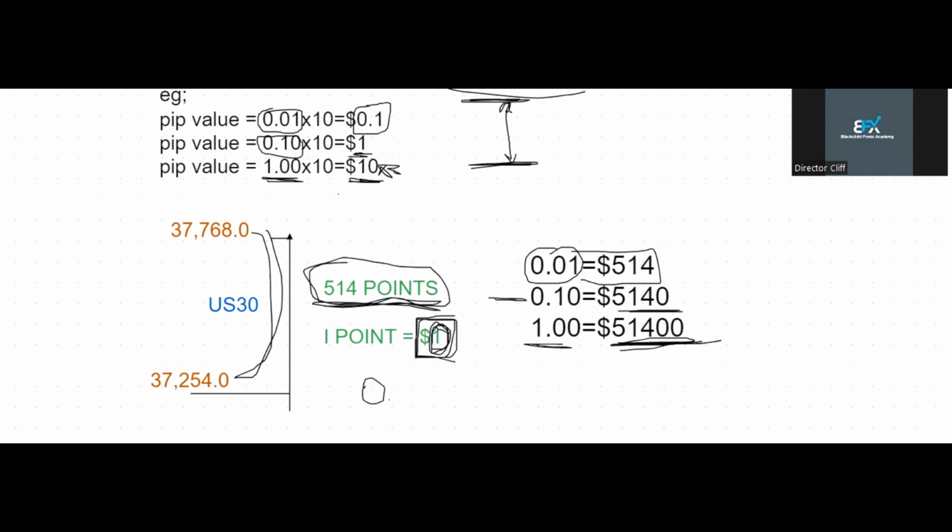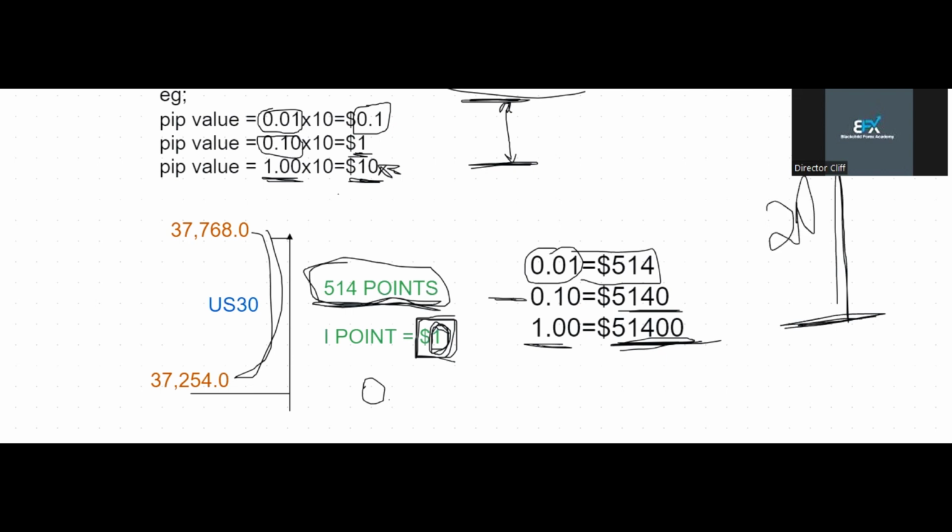So just a recap, for you to know how much money you're going to make on US30 or NASDAQ, just find the difference between where you're exiting and where you're entering. That distance or that difference is equal to the amount of points, and every point is equal to $1.